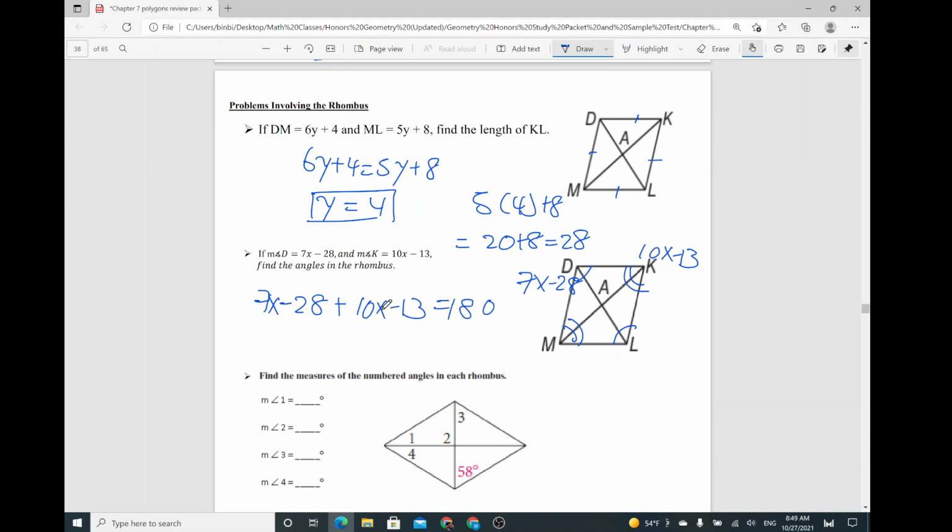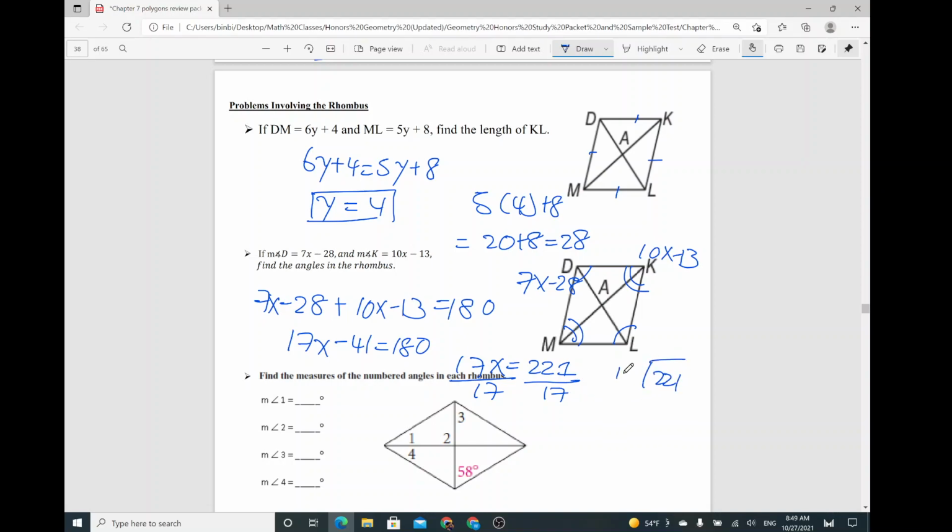So 7x plus 10x, we got 17x. Negative 28 minus 13, for that one we have negative 41, so that equals 180. Add 41 on both sides, so we got 17x equals 221. And then divide by 17. You want to find out what x is first.